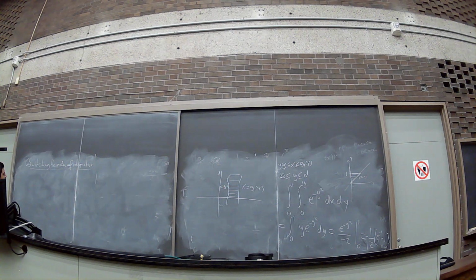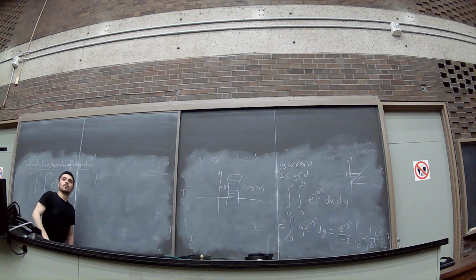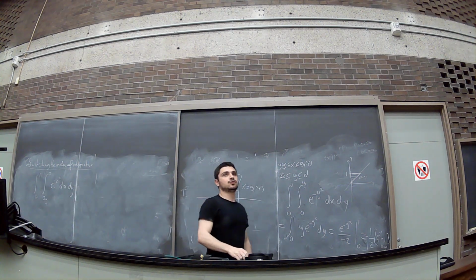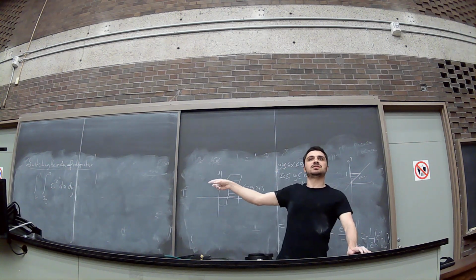Let's do an integral. If I ever ask you to evaluate this integral, what do you need to do first? What did we do at first when you saw this integral?